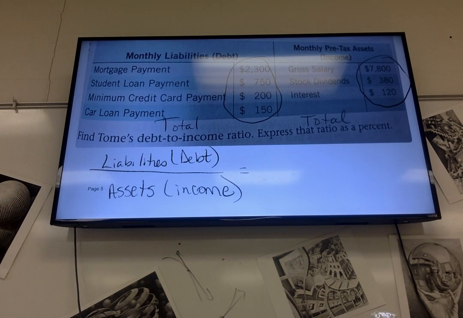So add up all the liabilities and all the assets. Kendra, when you figure out what all of these debts add up to be, let me know.